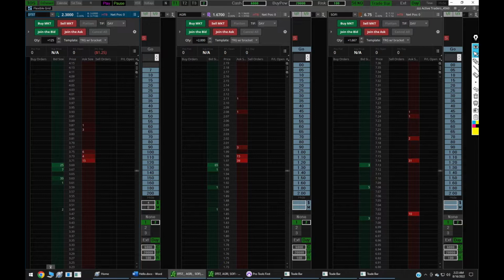And they have codes. Well, it's not codes, it's listed in percentages. So for instance, if it says 0 like it says here, then that means you have no margin available for that stock. So that means I can't trade my buying power. I can only, if I want to buy shares, I can only buy up to $6,000 worth of shares. That's how much cash I have in the account.